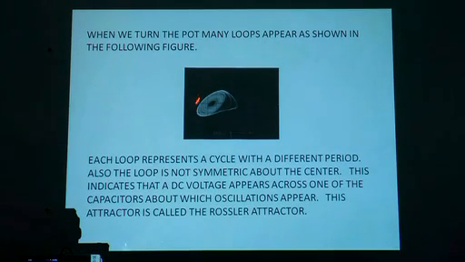Each loop corresponds to one period of oscillation, but you see that this loop goes more, the voltage across C2 goes more to the right than to the left. So the voltage across C2 has a DC value about which you get AC oscillations. If I put it in the main mode, you will be able to see this.